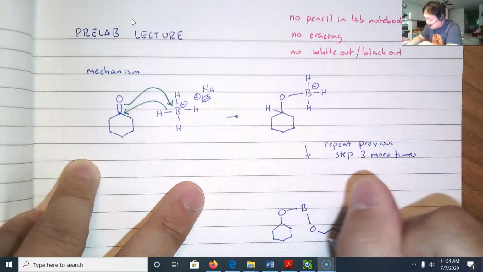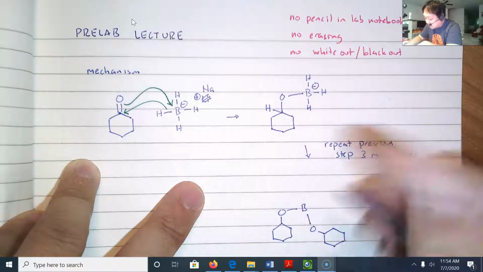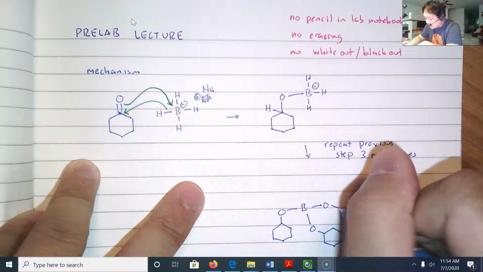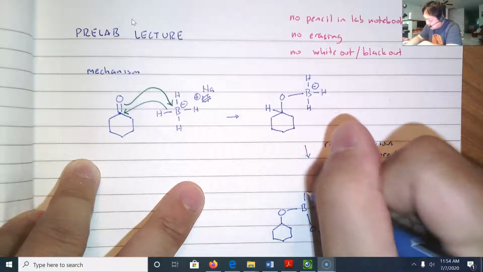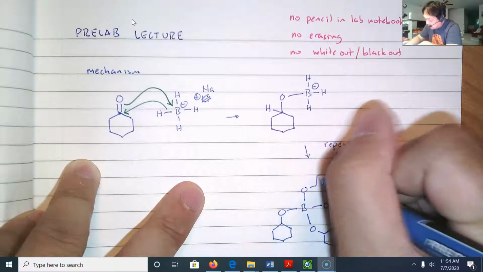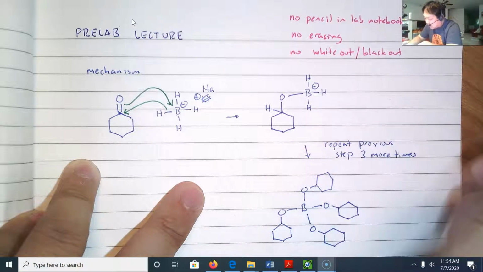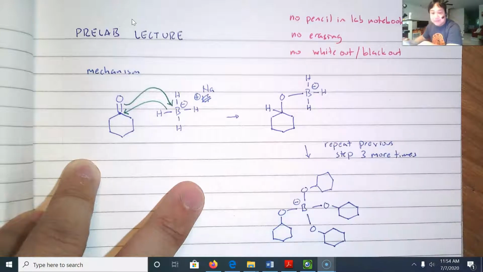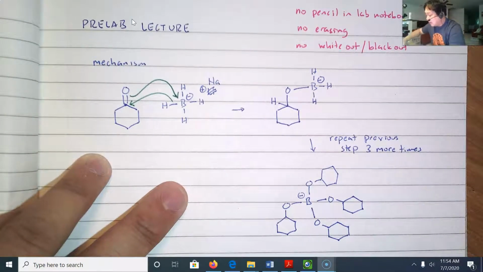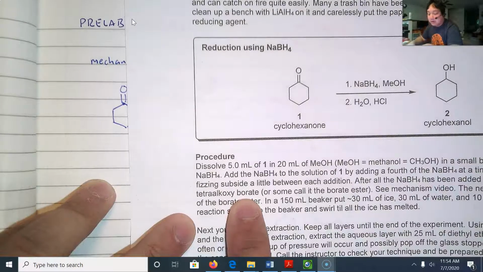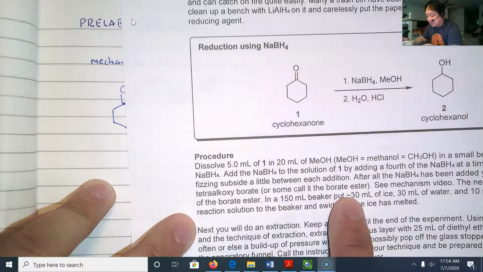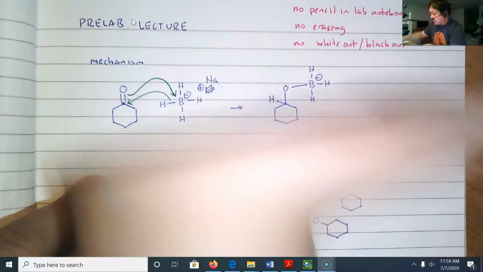It's going to be crowded, but this is definitely an intermediate in this reaction. Just make sure you have all the oxygens, okay? Make sure your boron is still negative, right? And this, we said, was called a tetraalkoxy borate, or we could just call it a borate ester. Let's say, just call it a borate ester.